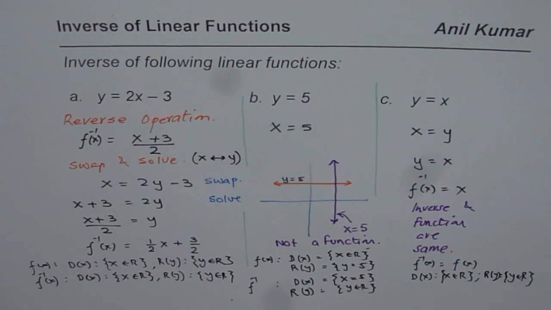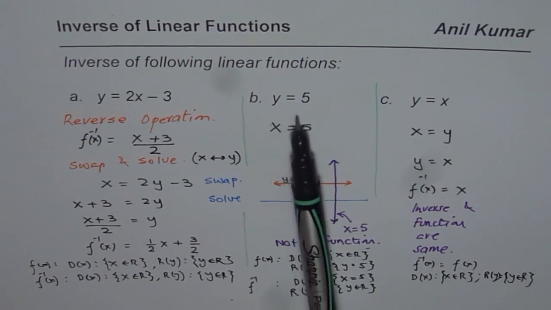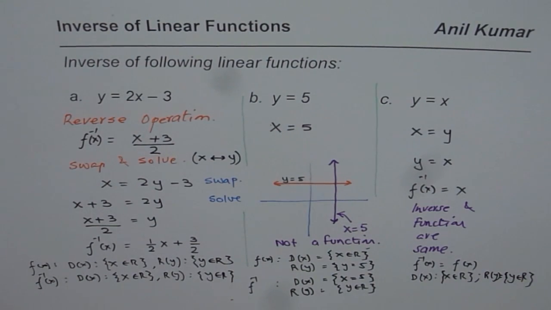As it is for most of the lines, right? So y equals b, y equals 5 in this case, is a very special case. Most of the time, the inverse of a linear function will be a linear function, except for an exception like that, where the slope is 0, and domain and range will be all real numbers, as we have seen in this video. I hope that helps. Thank you, and all the best.